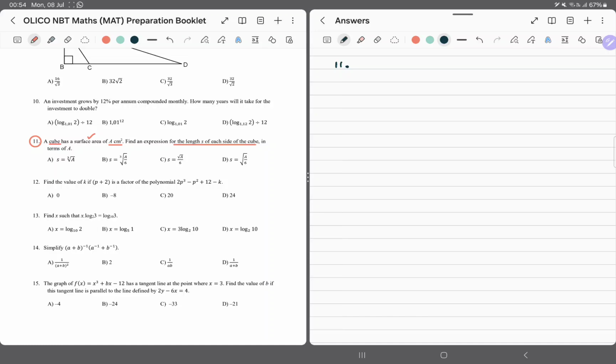So we know that a cube has got how many sides? 4 sides, or 6 faces. Let's just show. Okay, so this is a cube. It has how many faces? 1, 2, 3, 4. Wait. 1, 2, 3, 4, 5, 6. Yeah, it's got 6 faces.